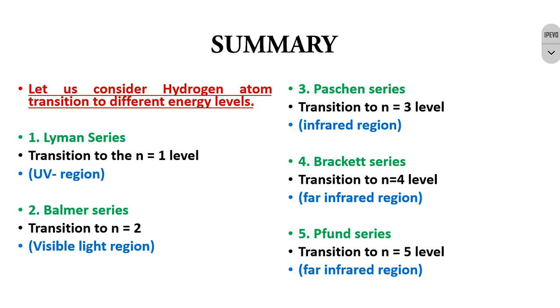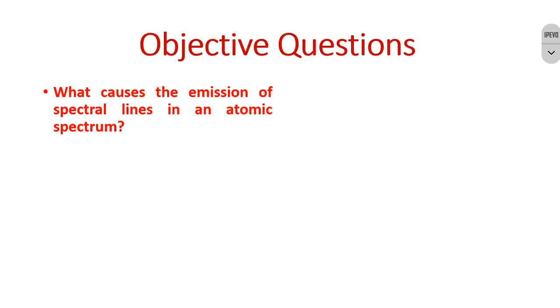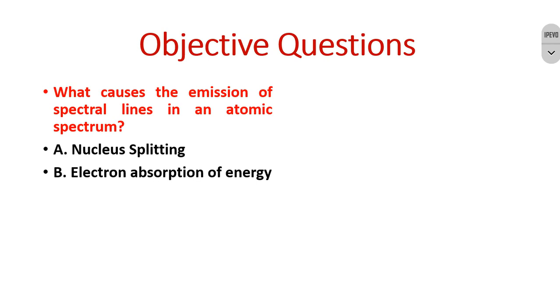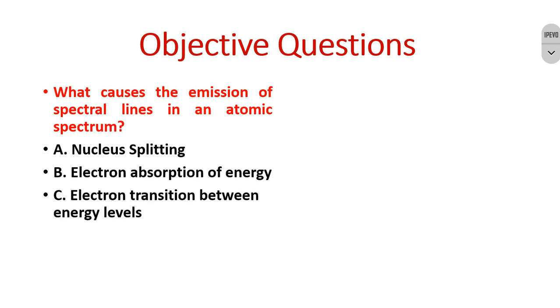Let us consider the following examples or objective questions. This one says, what causes the emission of spectral lines in an atomic spectrum? A. Nuclear splitting. B. Electron absorption of energy. C. Electron transition between energy levels.